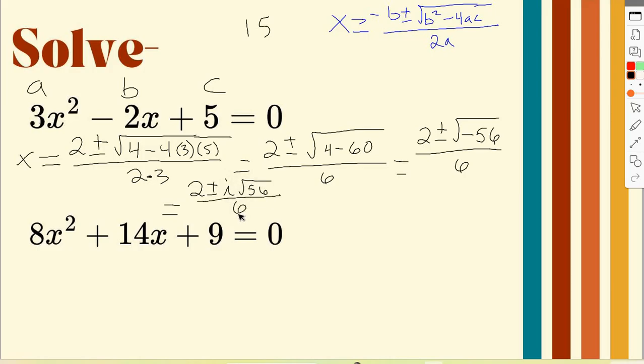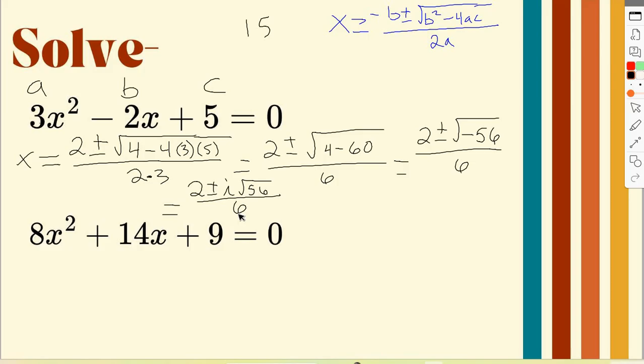And now what goes into 56? Like what is the square root of 56 reduced to? So 56 is not a perfect square, right? But does 4 go into 56? Yeah.